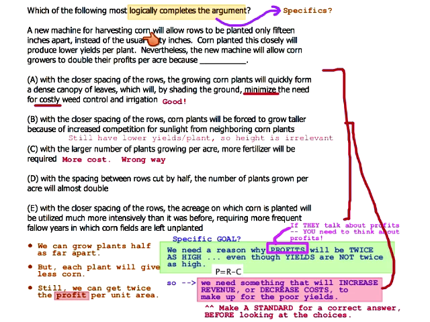So you would think that if you can plant 15 inches apart, then you would have exactly twice the number of plants. So this is almost even making that less strong, because if they're saying this, then this actually means that you wind up with fewer plants in a row. So it certainly doesn't add anything.